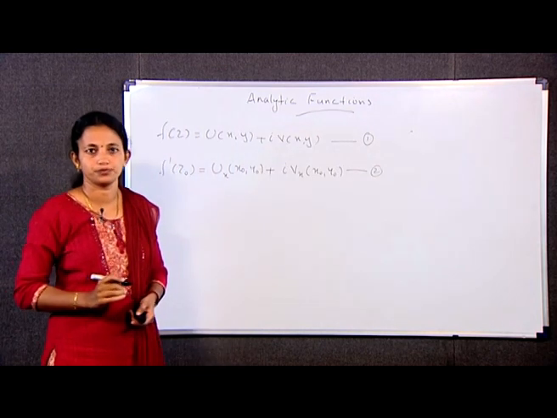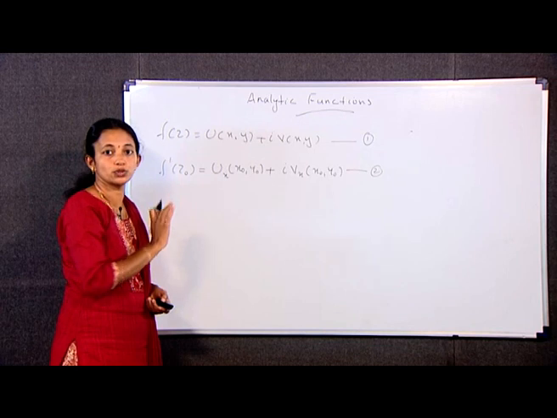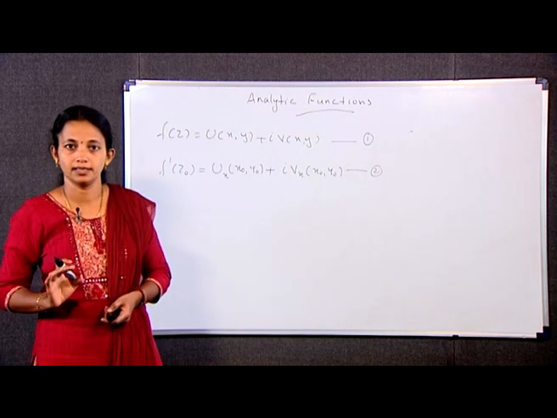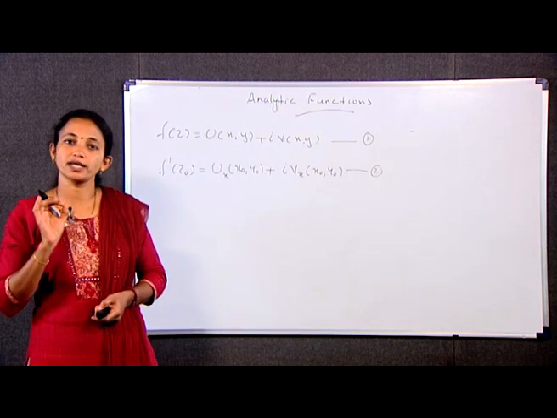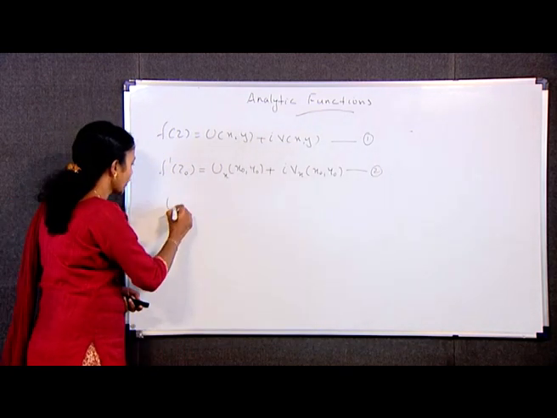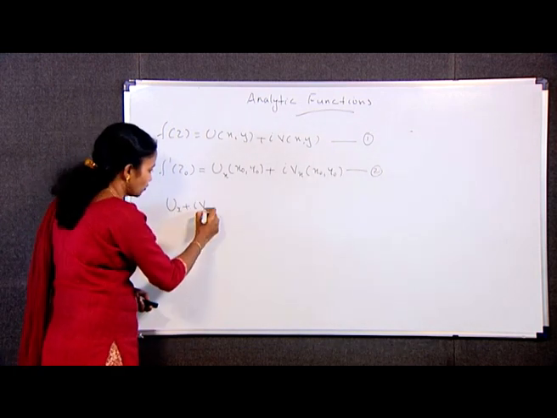Equation number 2. By the assumption f dash z is equal to 0 for any z in D, hence from equation 2 we have for any xy in D, ux plus I vx is equal to 0.